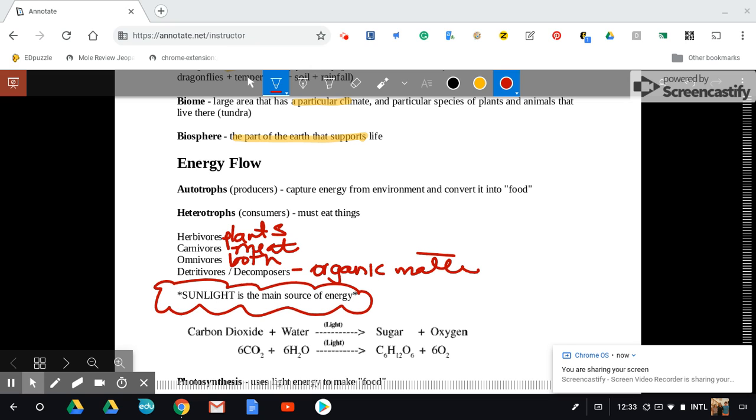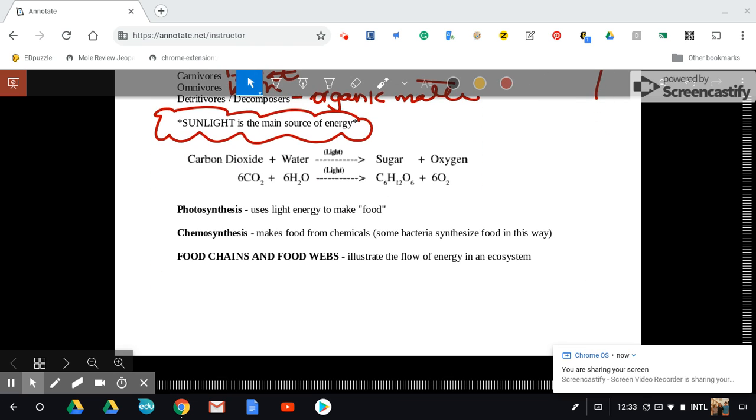That's the whole purpose of this. There are two ways in which you can be an autotroph. If it's photosynthesis, then you're using sunlight for your food. If it's chemosynthesis, then you're using chemicals to make your food.